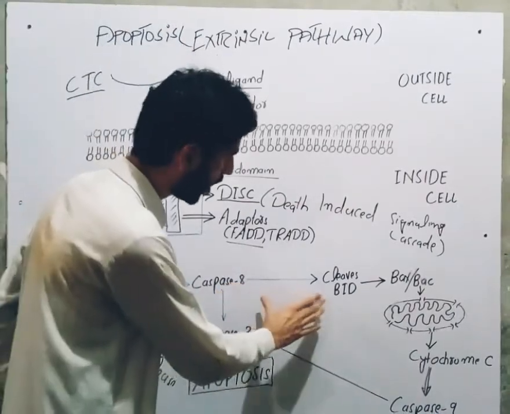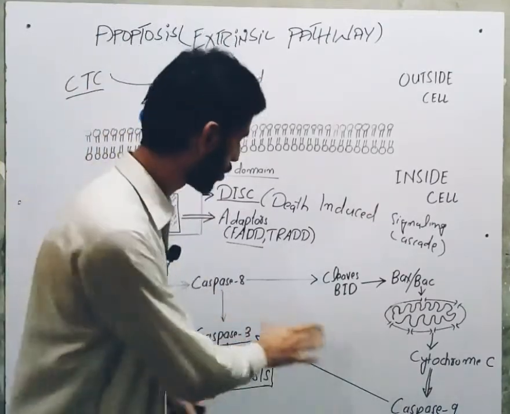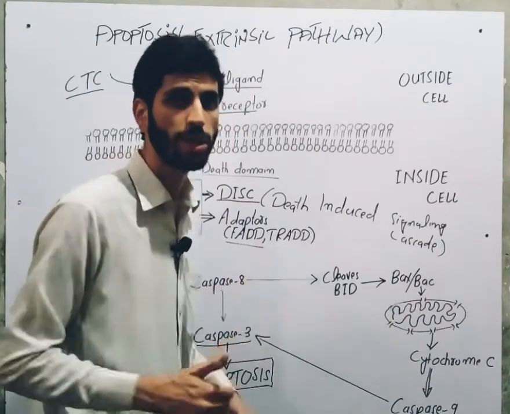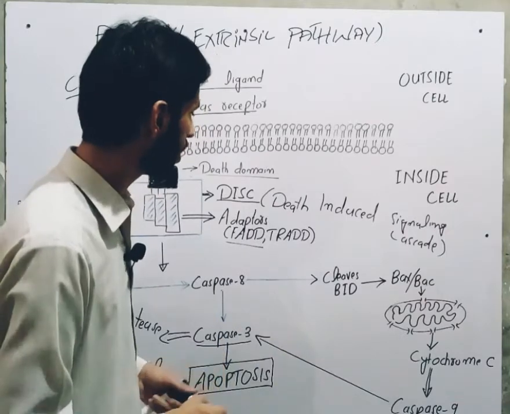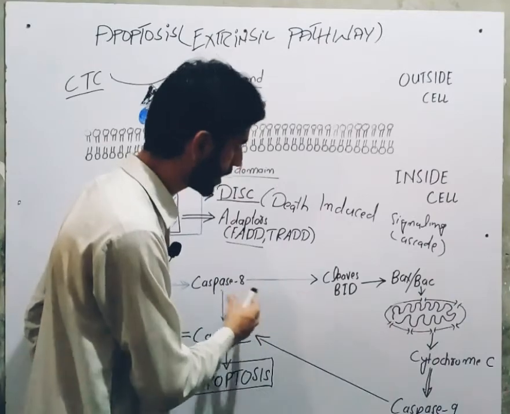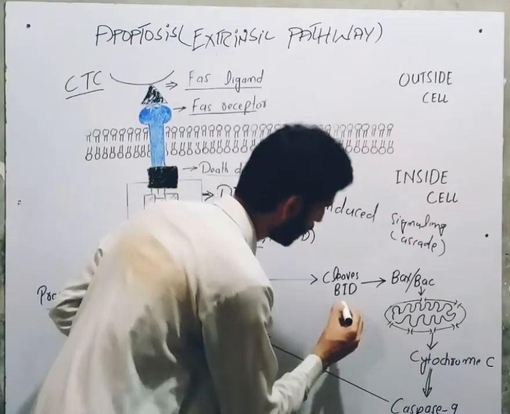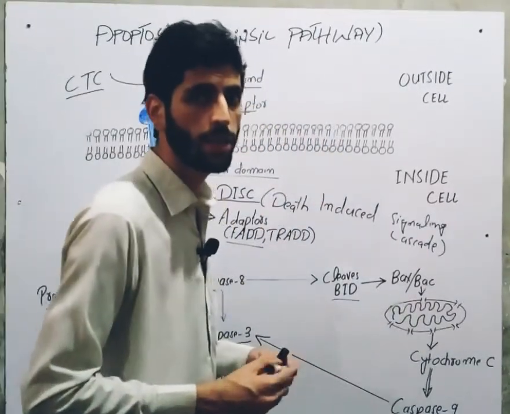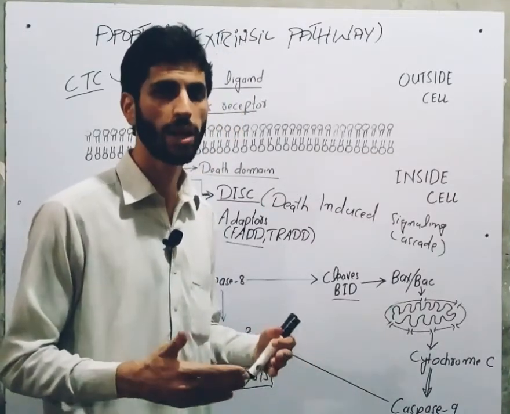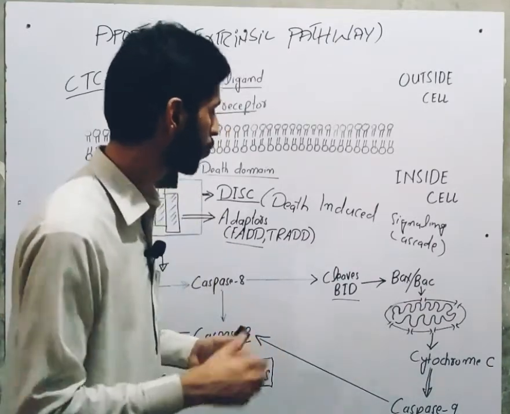And here there is also a link with the intrinsic pathway. When this caspase 8 comes, it has the ability to cleave a molecule called BID. We already discussed that BAX and BAK are molecules related to the BCL-2 family.